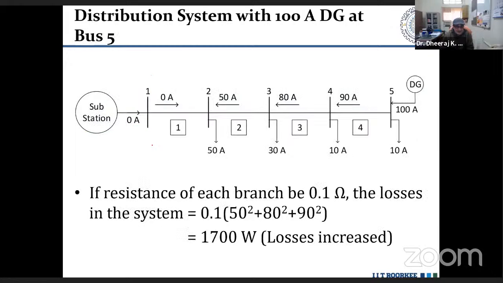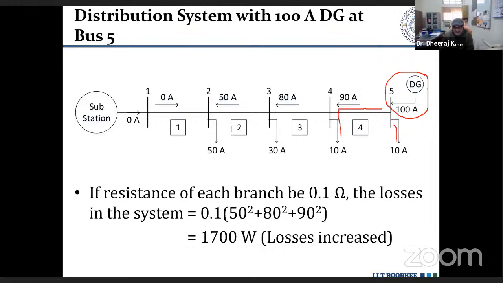Consider one more situation. Now here we have connected a 100 ampere DG at bus number 5. So now 10 ampere will go to the load at bus number 5 and the remaining 90 ampere will flow through branch number 4.